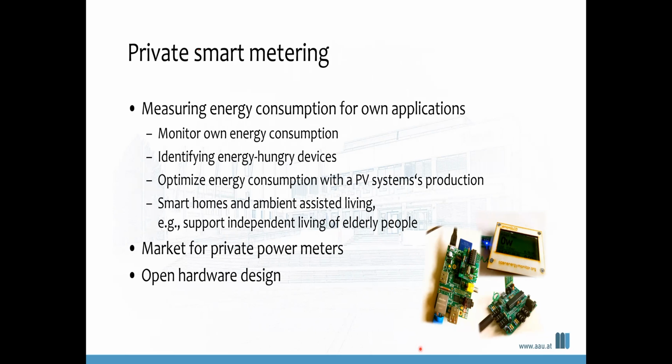Either you can use them to measure particular devices, or you can use them to monitor your own energy consumption in total and then run the non-intrusive load monitoring algorithm in order to identify energy hungry devices. It could also be used to optimize energy consumption in your system in a smart home manner.